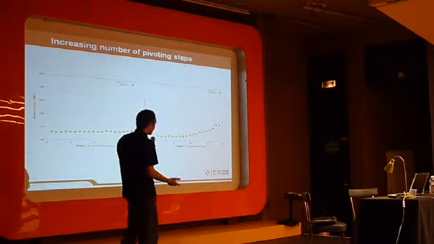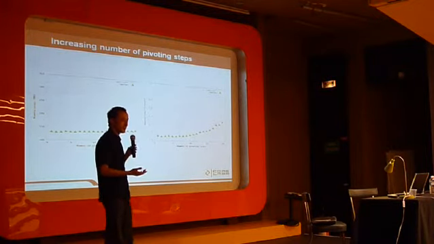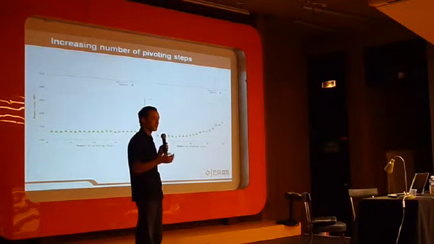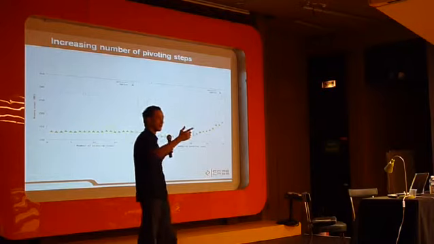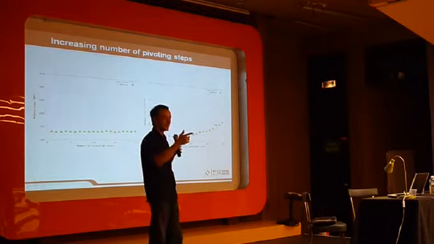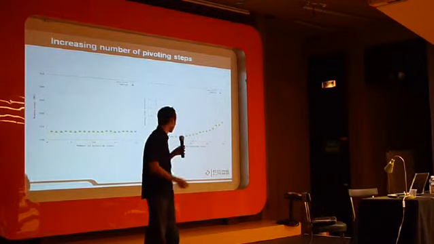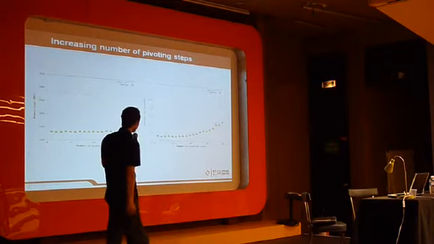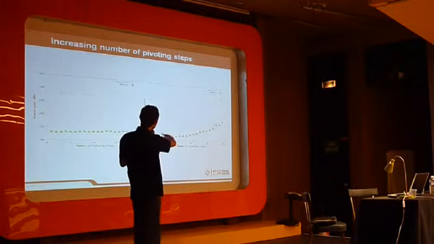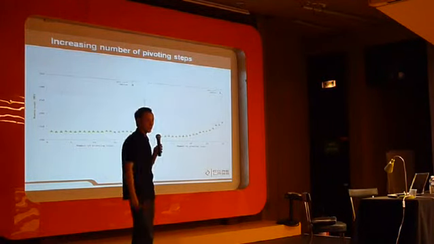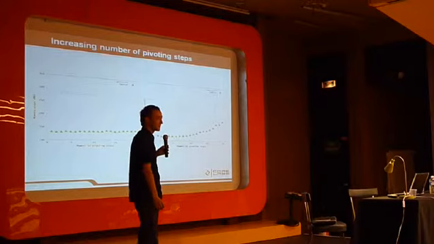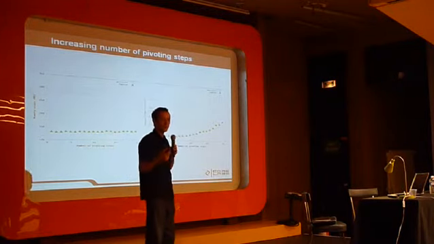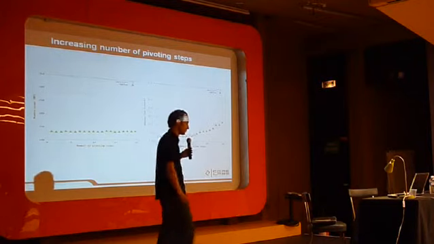But what really surprised us is that the memory consumption doesn't increase with the number of pivoting steps. It doesn't matter if the target machine that you want to compromise is at 1 step or 20. For the planner, in terms of memory, it's basically the same thing, and in terms of running time, it doesn't go up too much. So this really works well when you need to make plans with lots of pivoting.